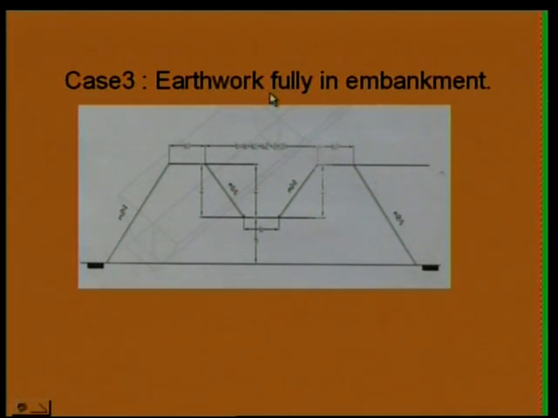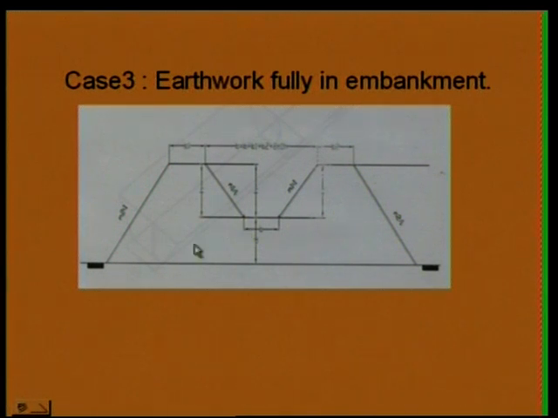When the cross section of a canal is completely in embankment, we can visualize here the cross section. When do you say that the cross section of a canal is completely in embankment? This is the ground level and this is the bed level of the canal.